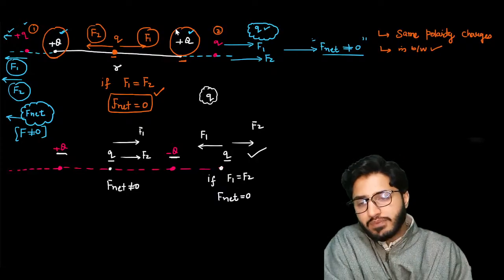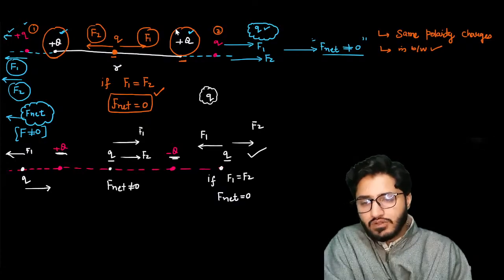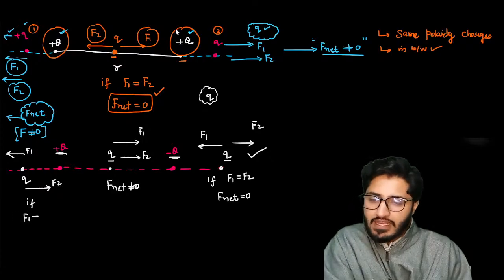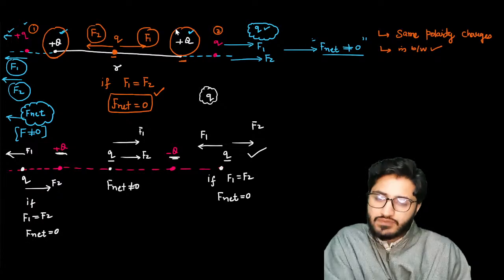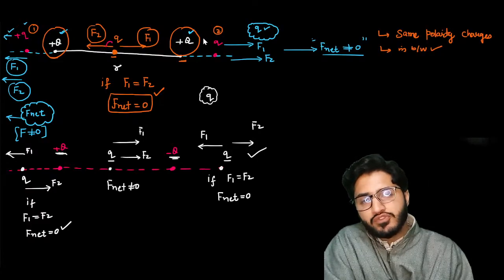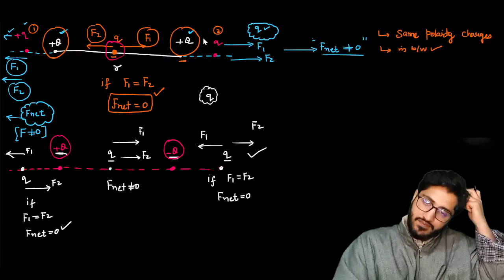Now, if I just place this charge Q here, look, positive, positive repulsion, it will go in this way, F1. Negative, positive attraction, it will go like this way. Look, opposite, F2. If here also F1 is equal to F2, yes, I can write F net is equal to 0. So if we have same polarity, the equilibrium position is always in between. If we have different polarity, it will be outside of these two charges.